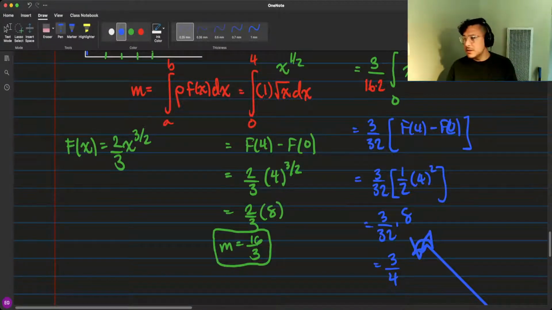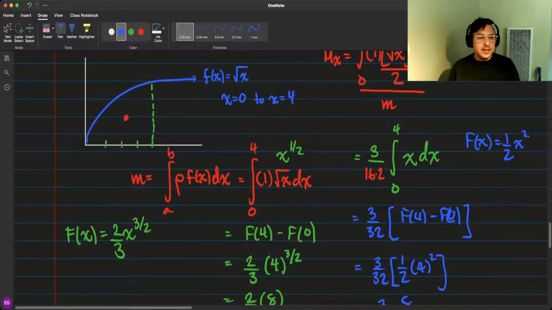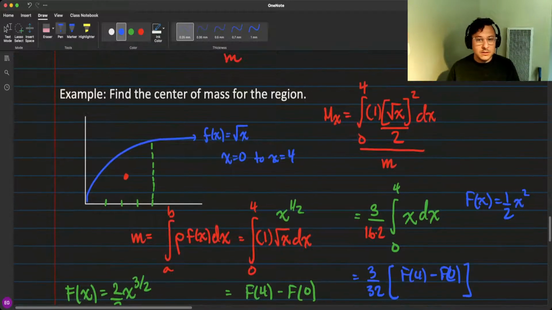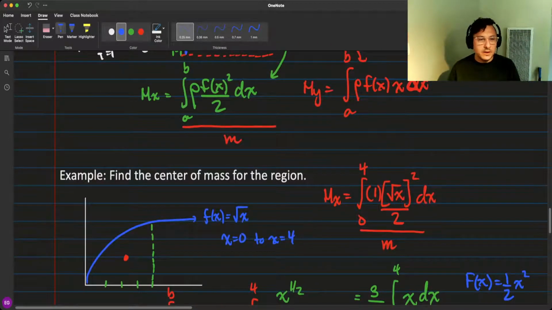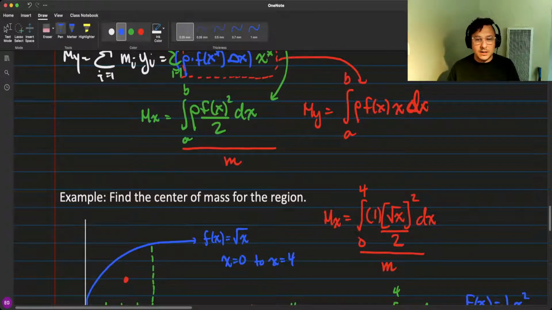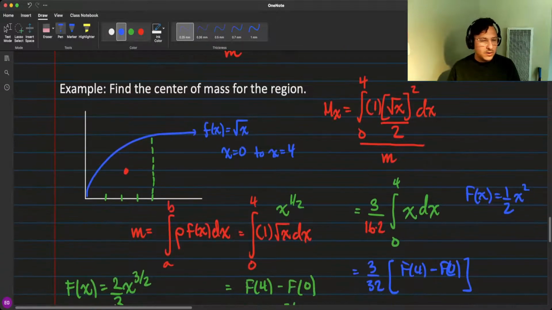Yeah, so I get 3/4. What does that mean, practically speaking? We calculated mx, yes. Did I put this for the right one? Yeah, that's mx, because we had the f of x squared. So according to this, the x coordinate for my center of mass is going to be at 3/4, so somewhere here.